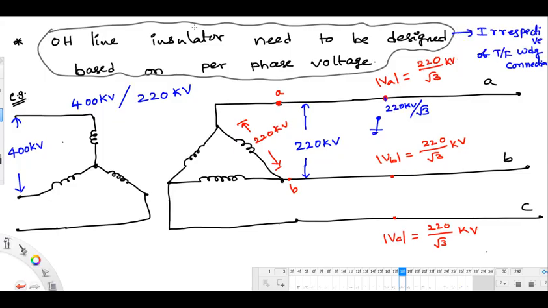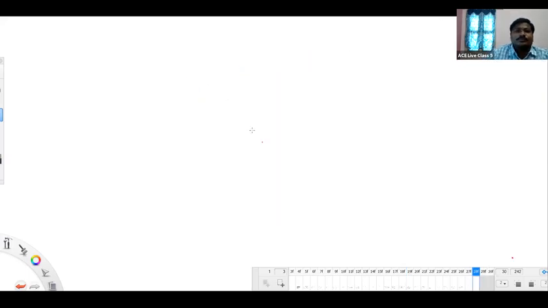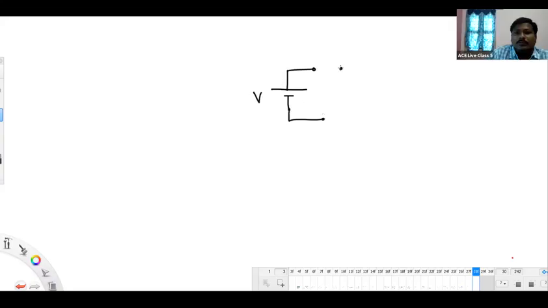I will ask one very simple question to you, Naveen. I have one DC voltage source connected to a resistor and an inductor.